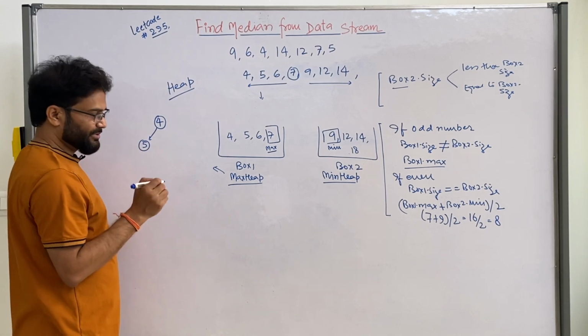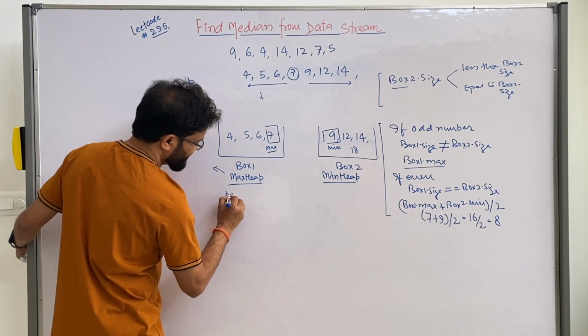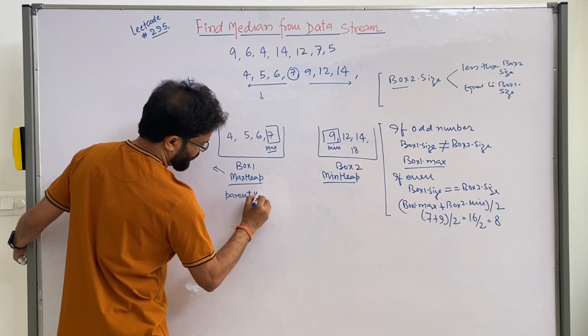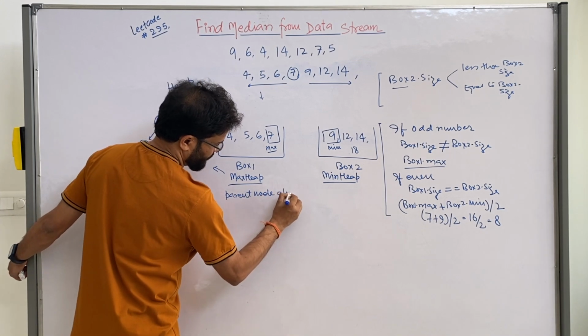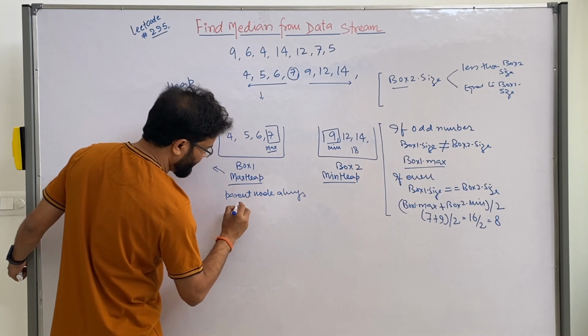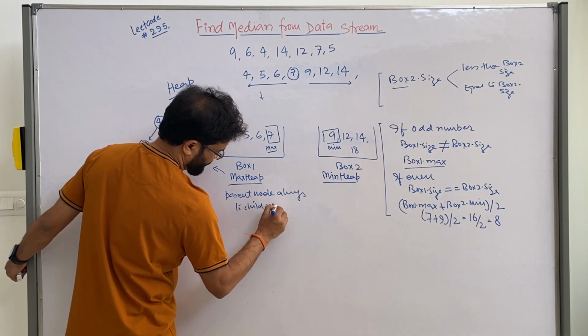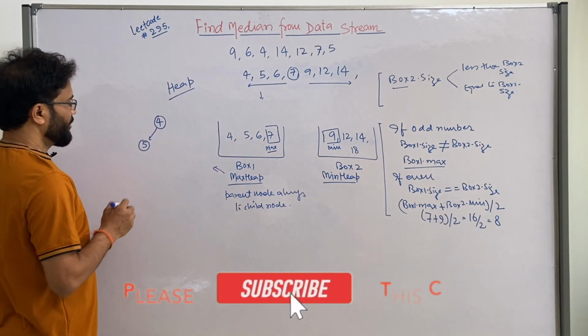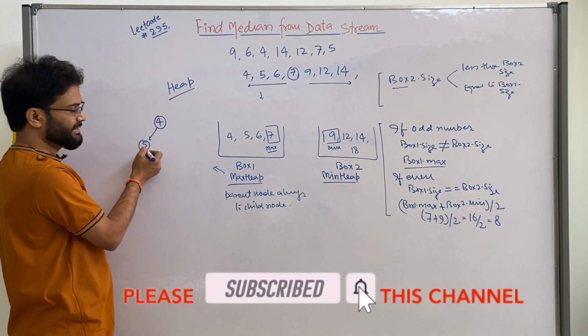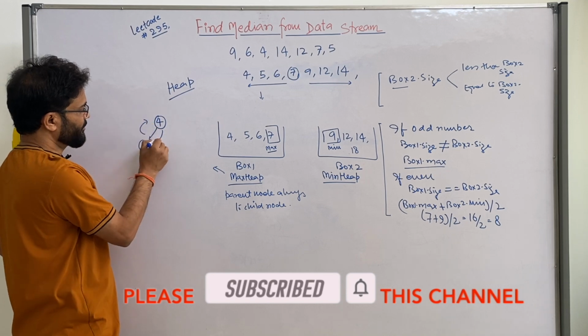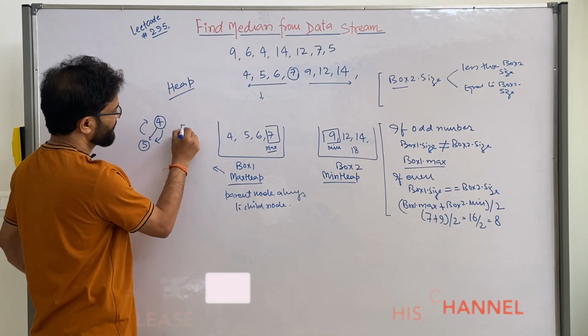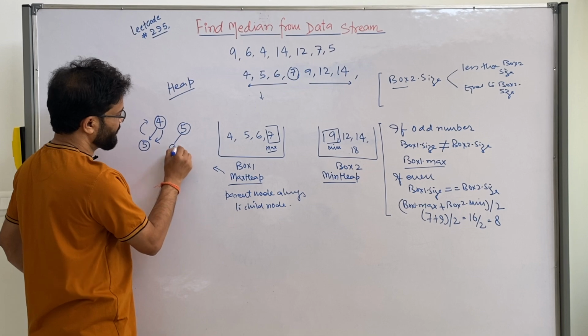But the max heap says the parent node should always be greater than or equal to the child node. So here 4 is the parent and this is a child, so we need to swap. It will become 5 and then 4.